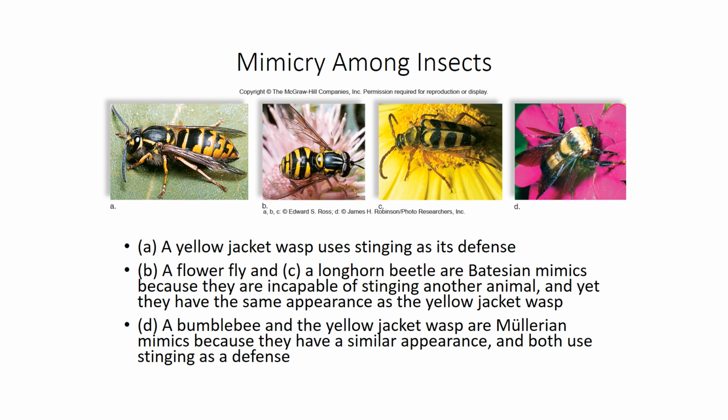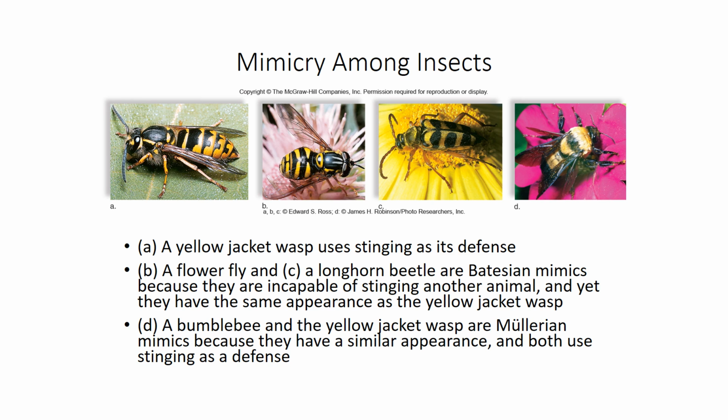Just some examples here. On A part, you have a yellow jacket wasp that uses stinging as its defense. Okay. And on B part here and C, you have a flower fly and a longhorn beetle. Those don't sting, but they look an awful lot like yellow jackets. And so they look like this wasp, but they are incapable of stinging.